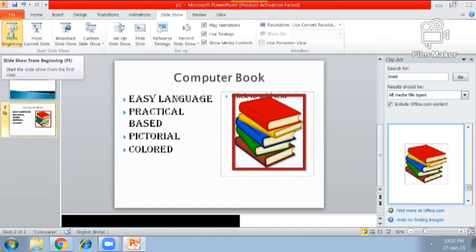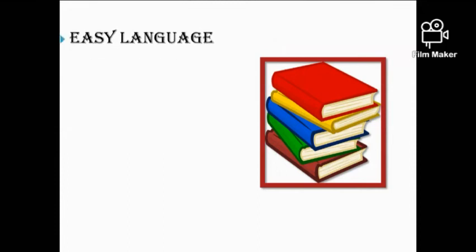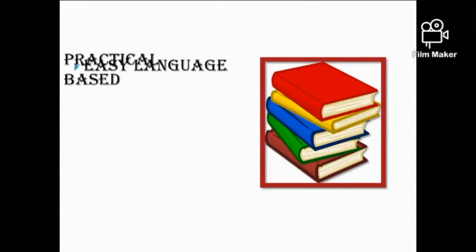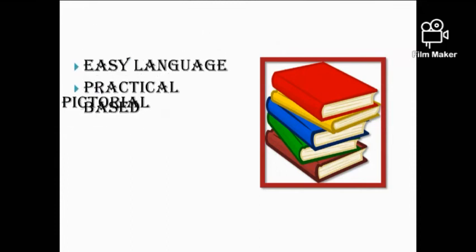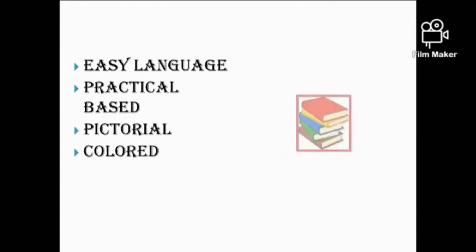So from the beginning, this is our first slide without any animation or transition, and this is our next slide on which we have inserted our animation. First animation, second, and third.